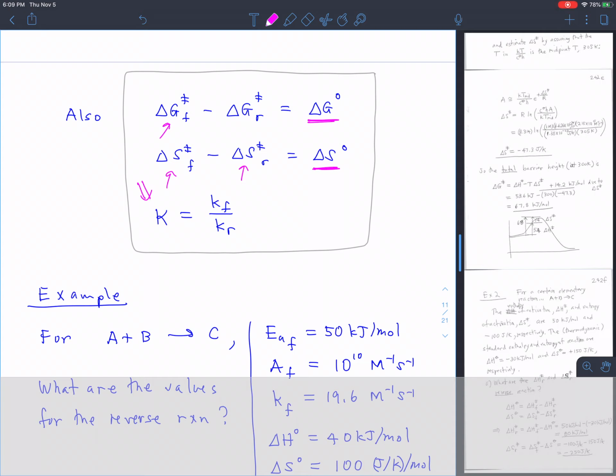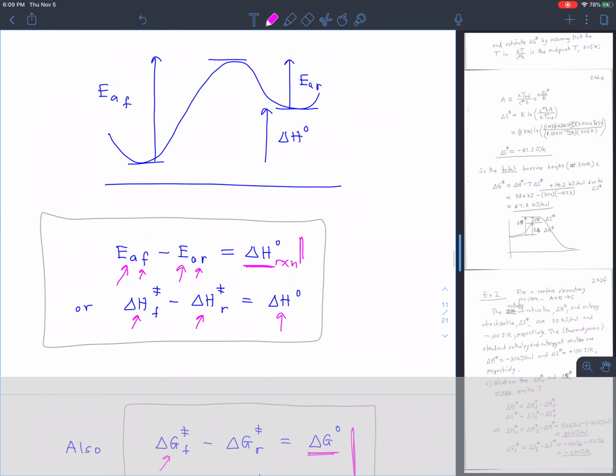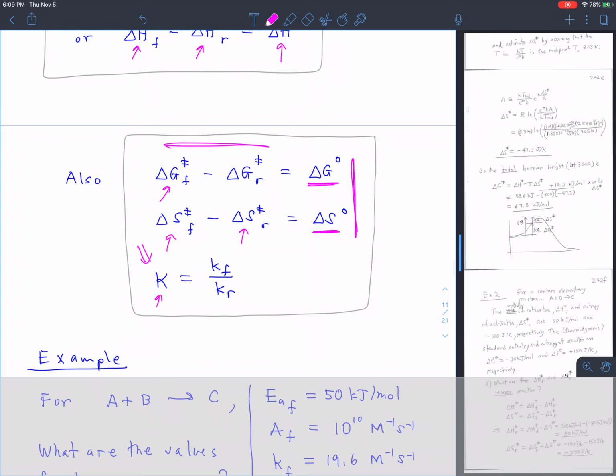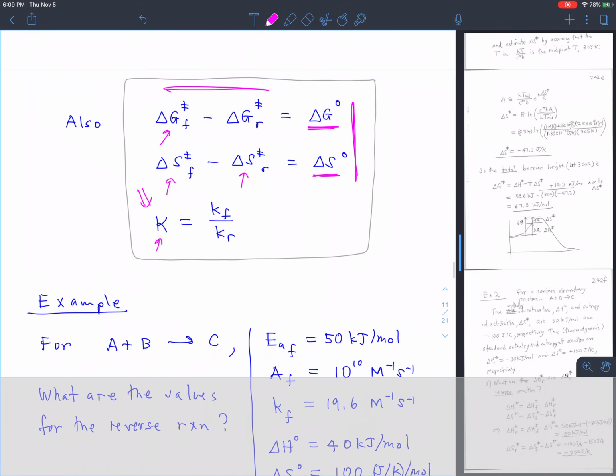These are all the thermodynamic quantities, over here, and these are all kinetic quantities over on this side. I pointed out earlier that this is the thermodynamic relationship over here, and these are kinetic properties over here. So this is also a similar type of relationship. The equilibrium constant is equal to the ratio of the forward rate constant to the reverse rate constant.